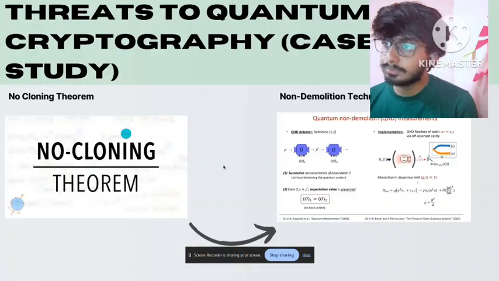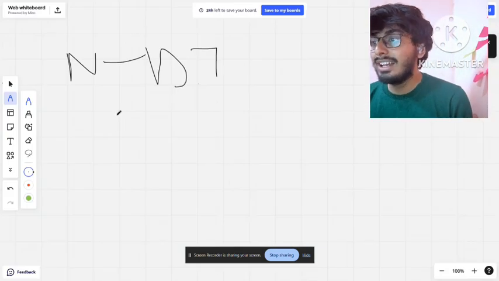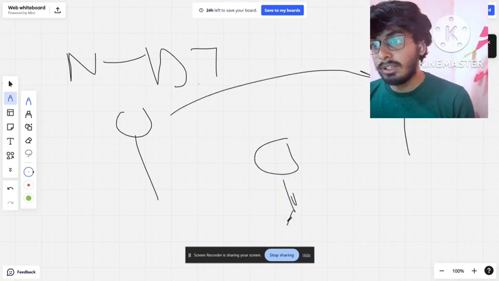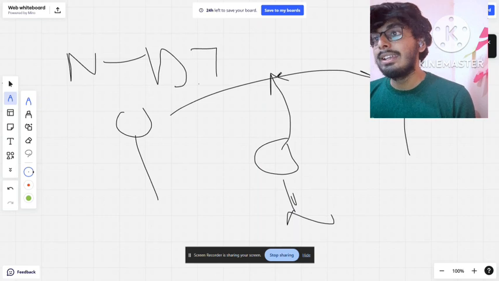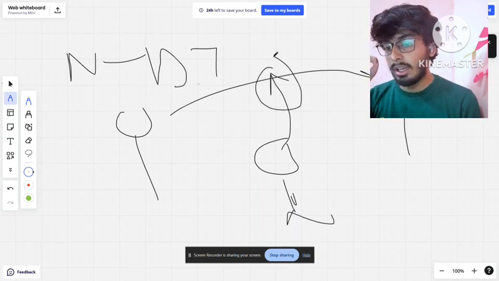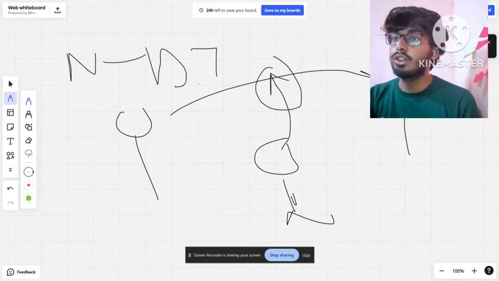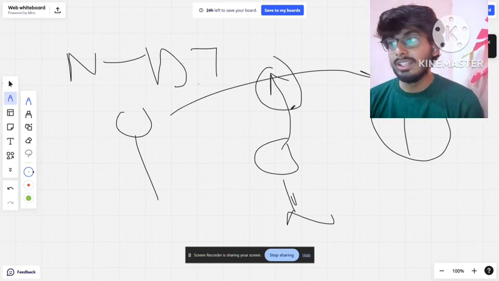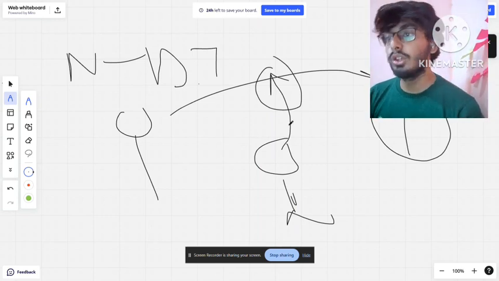There were two persons, Alice and Bob, having a communication between them. An eavesdropper comes to access the data. He destroys the state of the photon, which is noticed by a third person. To overcome this, there is a technique known as the non-demolition technique.